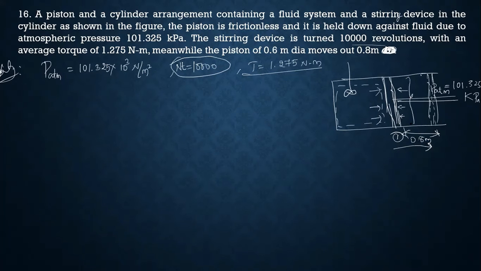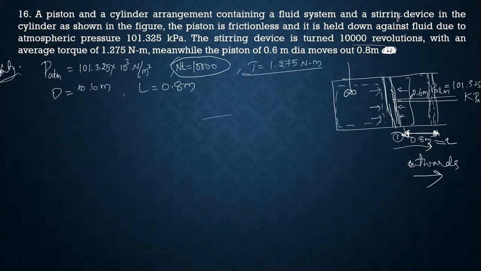The diameter is 0.6 meter. This particular move becomes the stroke. Therefore, the diameter of the piston is given as 0.6 meter, and the stroke becomes 0.8 meter. The piston moves outwards.